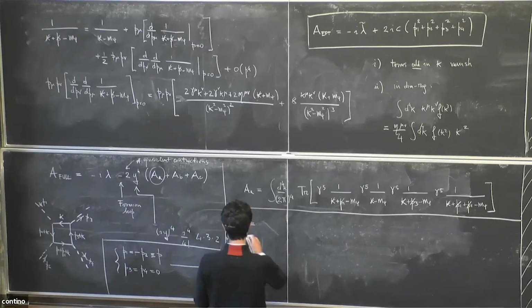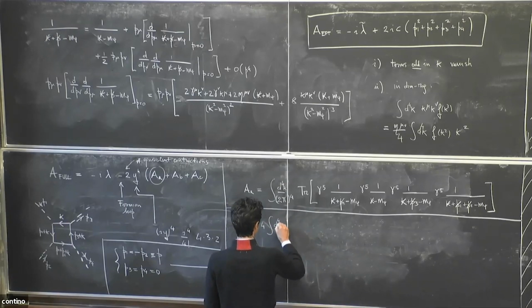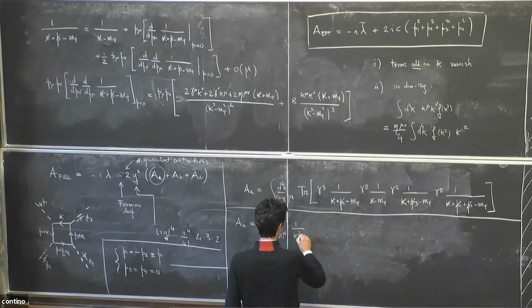A of p is equal to 4 integral d4k over 2 pi to the 4th, 1 over k squared minus m psi squared, squared.